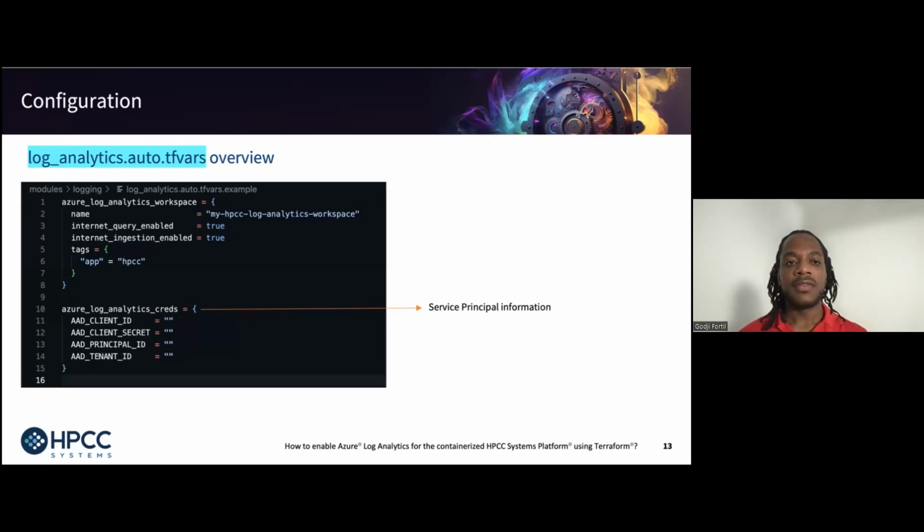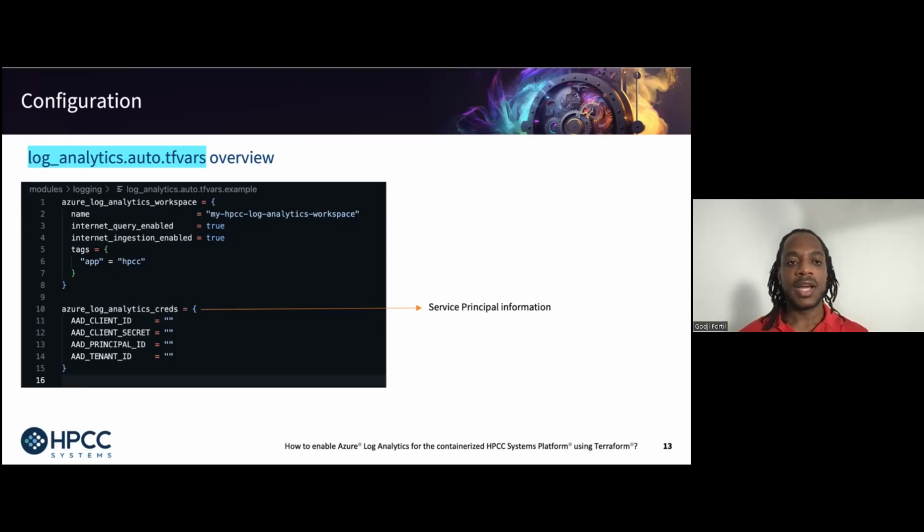We also have the internet ingestion enabled, whether we want to ingest logs over the internet, and that must also be set to true. And there is a tag attribute where you can set your tags.